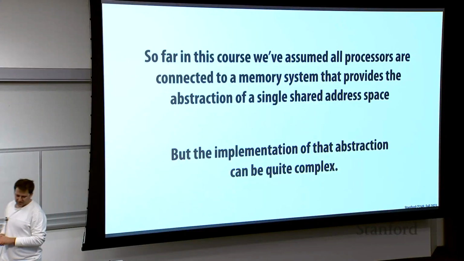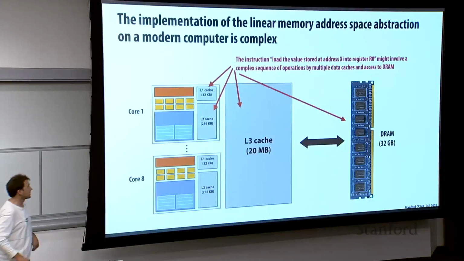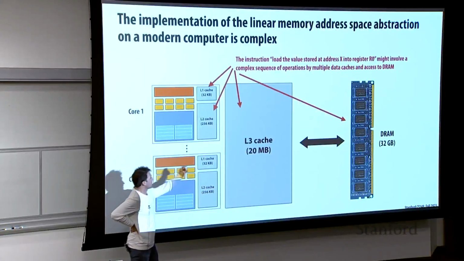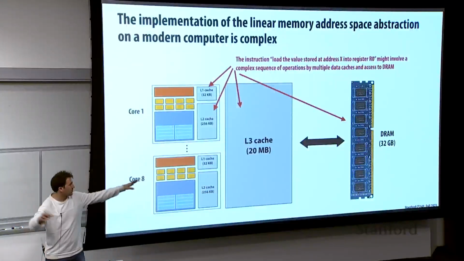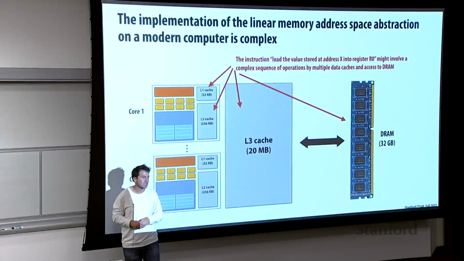And I've given you some hints that, even though that's conceptually simple, the actual underlying implementation of the ability for all processors to read and write to all variables is pretty complex. For example, in your multi-core CPU, all of the data might be stored out in DRAM, but lots of copies of that data are stored in your various caches.